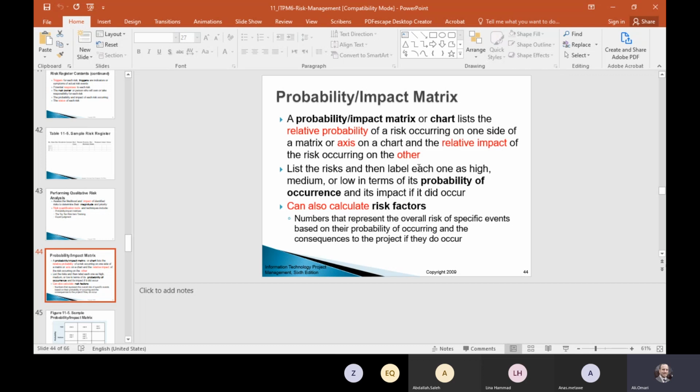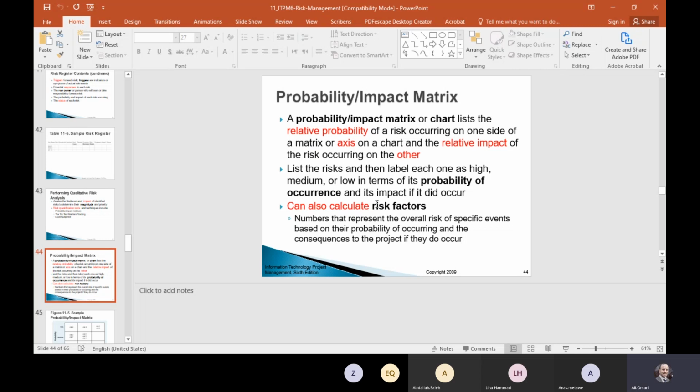A probability impact matrix or chart lists the relative probability of the risk occurring on one side of the matrix, or X, and Y on the chart, and on the other side you list the relative impact of the risk occurring.